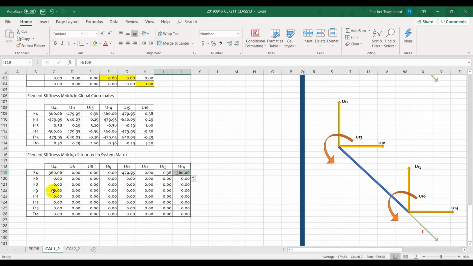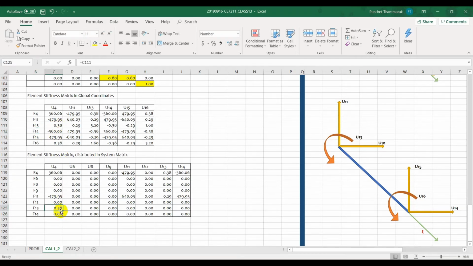Next one will be 11 for F11, 11 with U4, 11 with 11, 11 with 13, and 11 with 14. Nothing to do with 12, so you have 13 and 14. 13, U4, and you have 14 also, right?